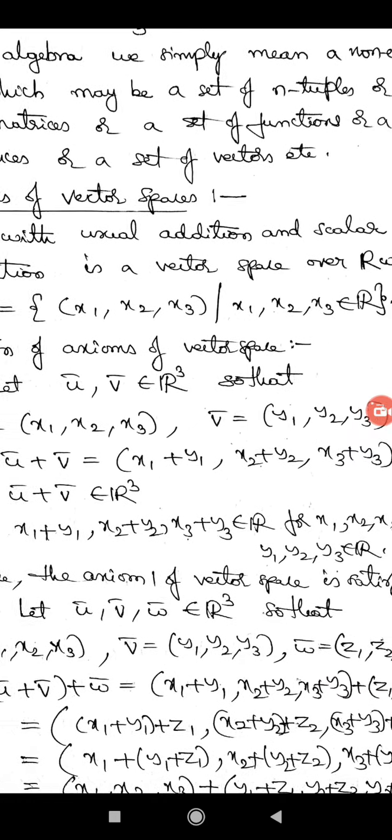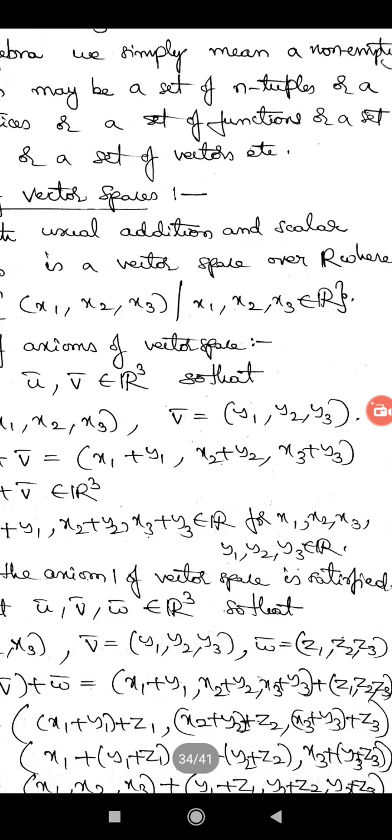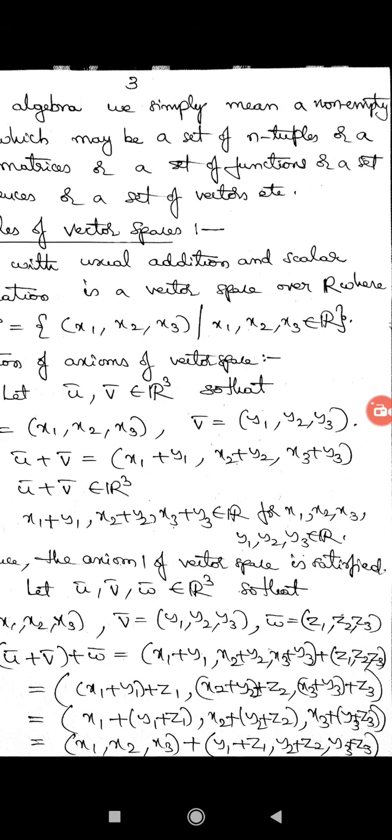By the definition of addition of vectors in the set R3, u bar plus v bar is equal to x1 plus y1, x2 plus y2, x3 plus y3. And we can also claim that u bar plus v bar belongs to R3. How can we claim this?